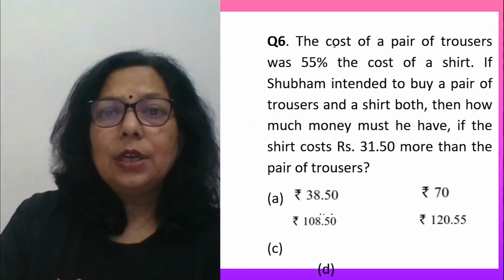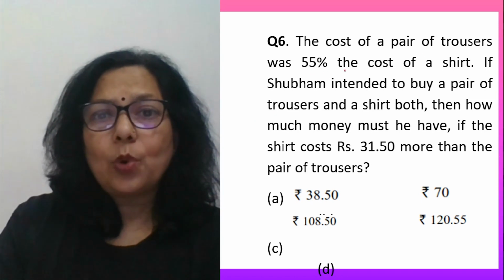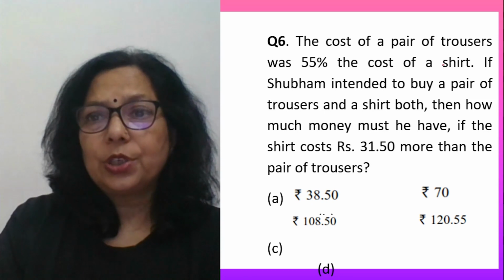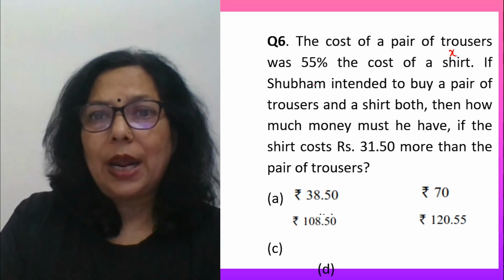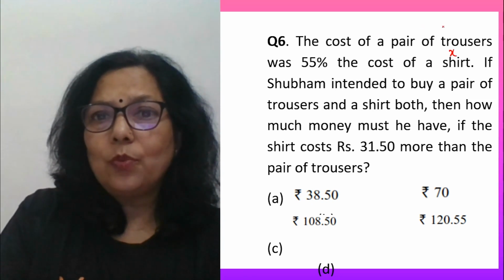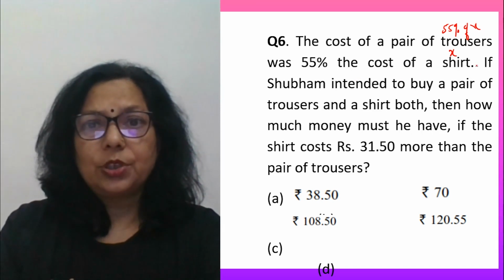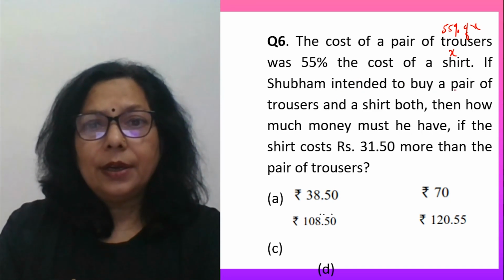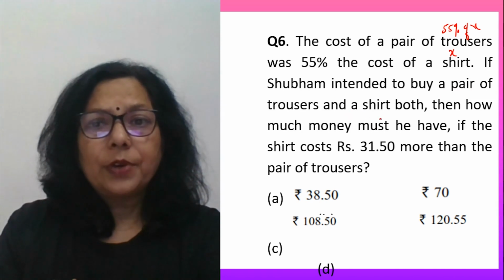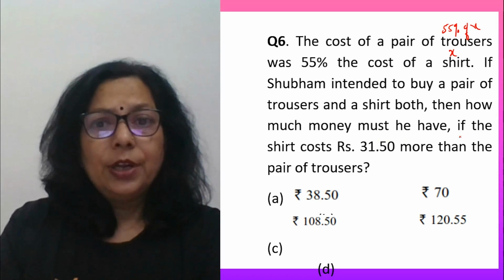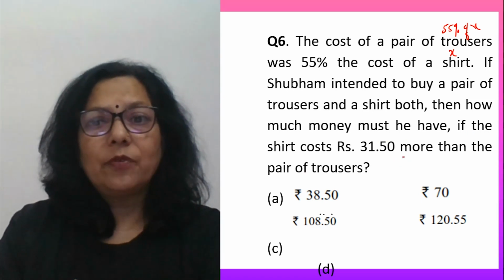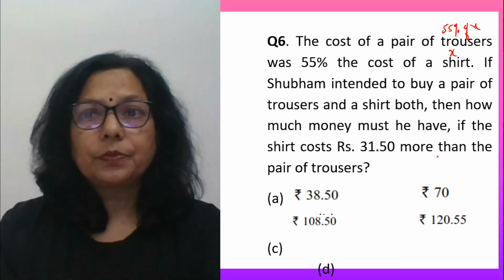Next question is, the cost of a pair of trousers was 55% the cost of a shirt. If the shirt was for X, then trouser was 55% of X. If Shubham intended to buy a pair of trousers and a shirt both, then how much money must he have if the shirt costs rupees 31.50 more?